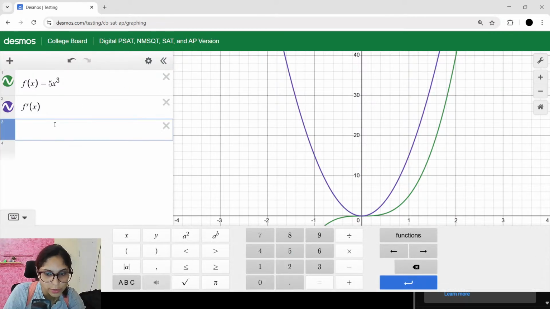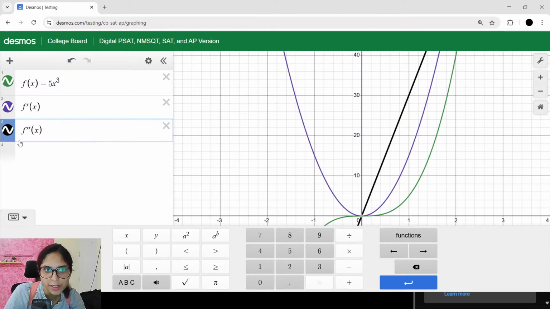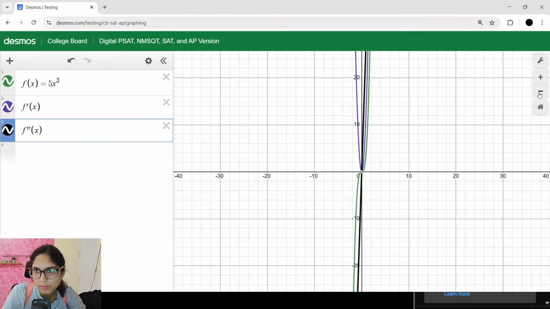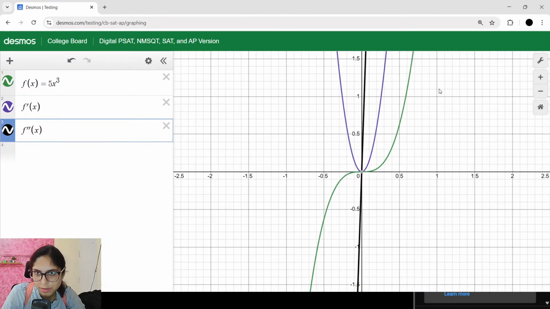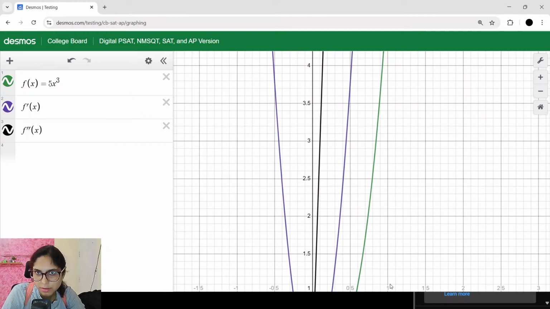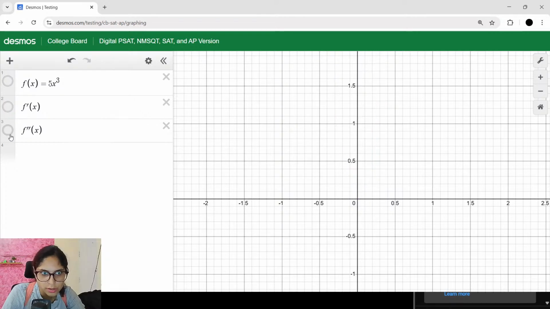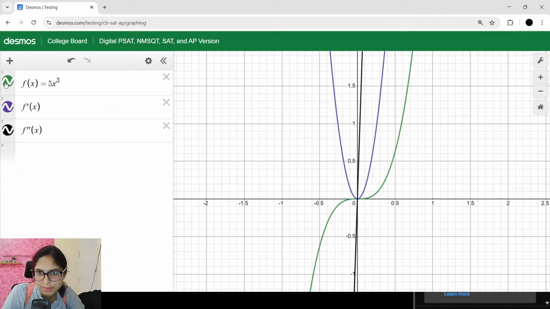And if you want to find the double derivative, let's see if this will work. Yes, you can find the double derivative graph also. The normal graph is gone, derivative is gone, double derivative is gone. If you want to see them, you can always do it like this.